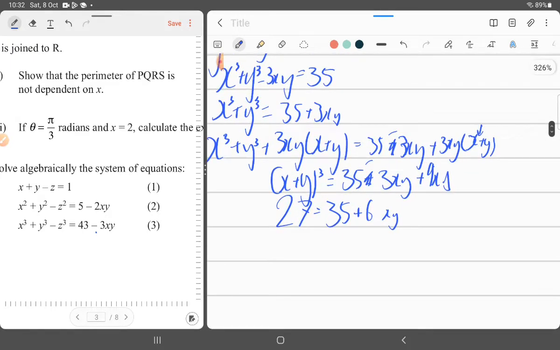So we have x cubed plus 35 take away 3xy.